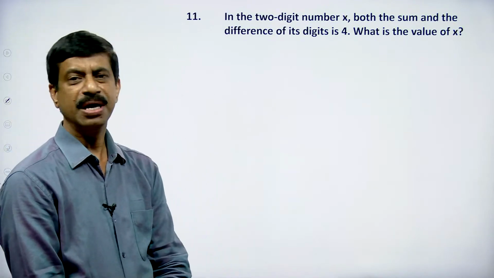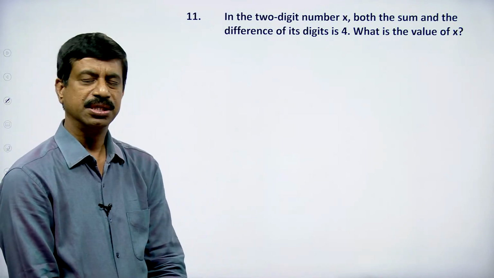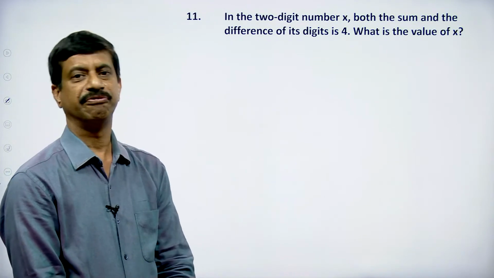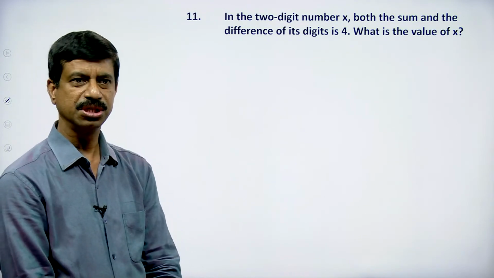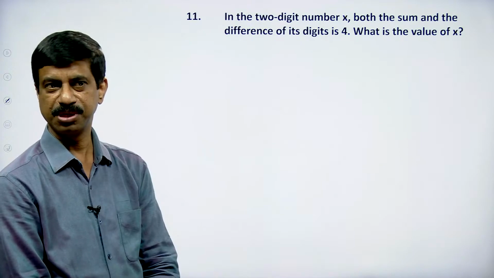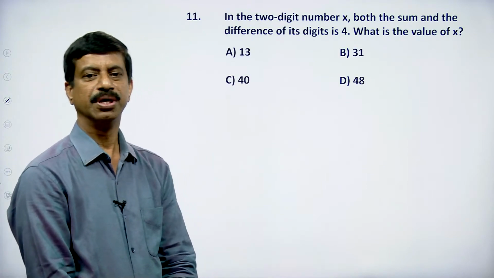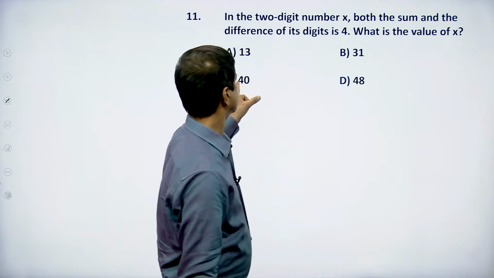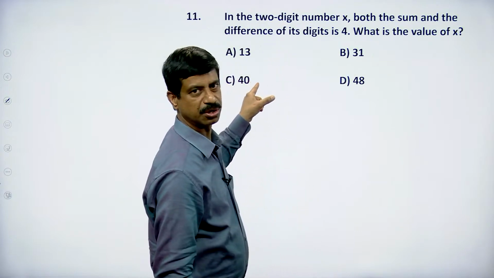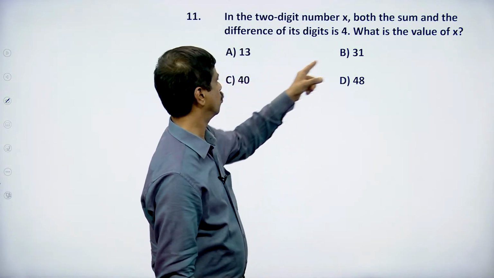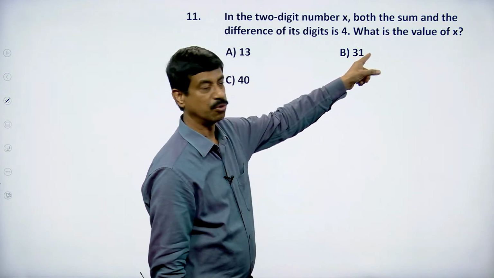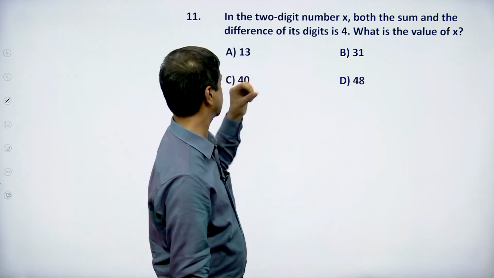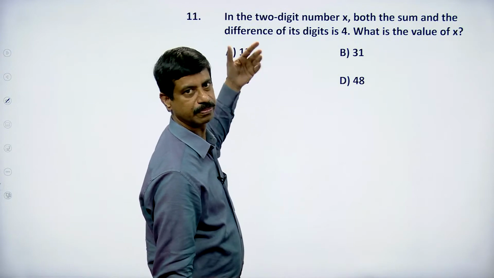Children, sum and difference, how can it be the same as 4 if one of them is not 0? And it's a 2-digit number, so first digit cannot be 0. So therefore, look at this. Sum 4 plus 0, 4. 4 minus 0, 4. 3 plus 1, 4. 3 minus 1 is not 4. 1 plus 3, 4.